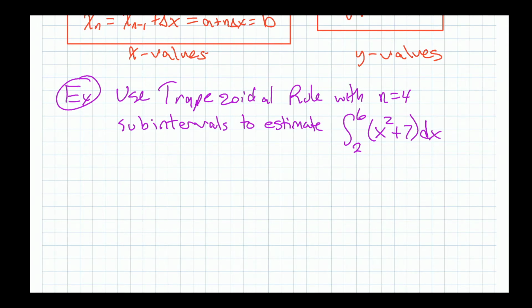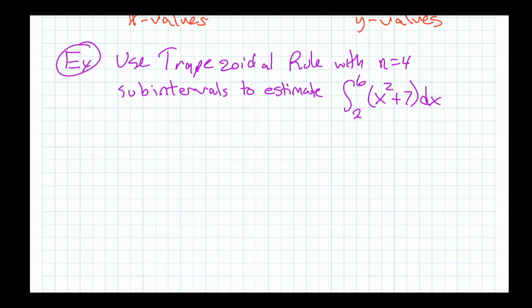All right, so the steps are very similar to the midpoint rule. It's actually even easier to calculate, so the trapezoidal rule will be easier. Step 1, you need to calculate your delta x.